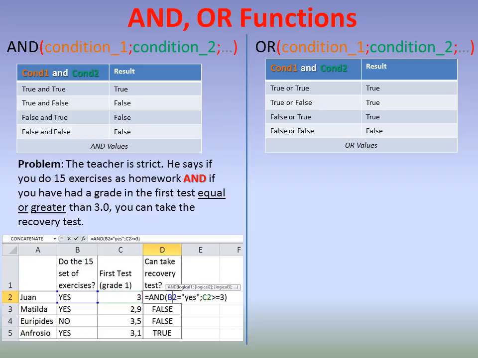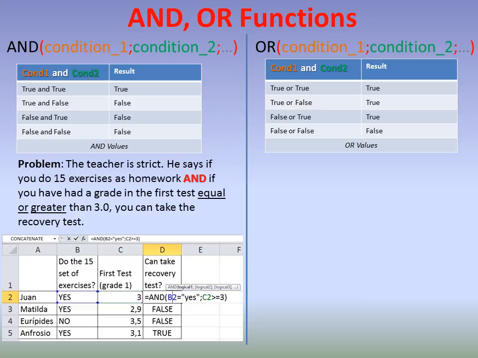Pay attention that you write it between quotation marks because it is text. And the second condition is C2 equal or greater than 3. This is the grade of the first test. Pay attention that 3 is a number, and that is the reason you don't need to write it between quotations.